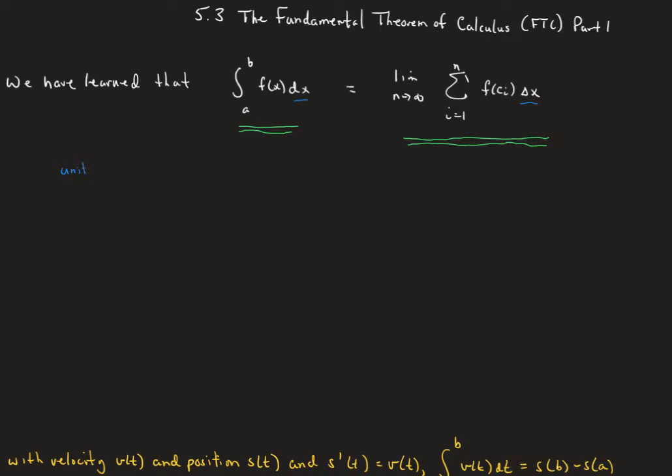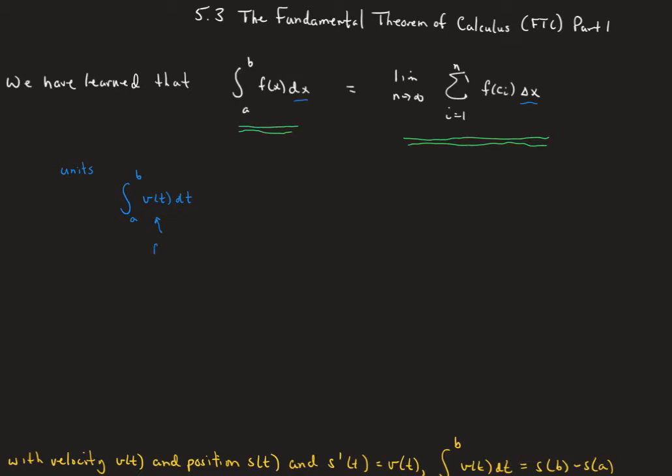As we do more and more application problems using this definite integral, we can see that, for example, if we were doing an integral from a to b of our velocity function, as we have seen before, then keeping track of your units helps us know that integrating is the correct thing to do.